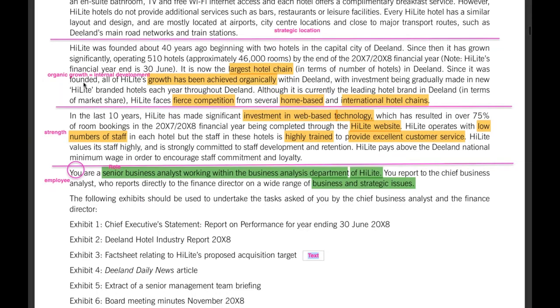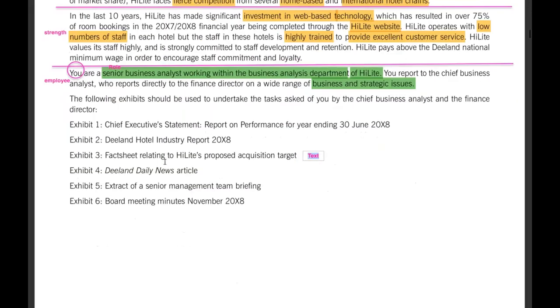That means organic growth. They have no experience acquiring other organizations. So now when you look at this exhibit, oh, there's a proposed acquisition target. So perhaps a new strategy that they may have.